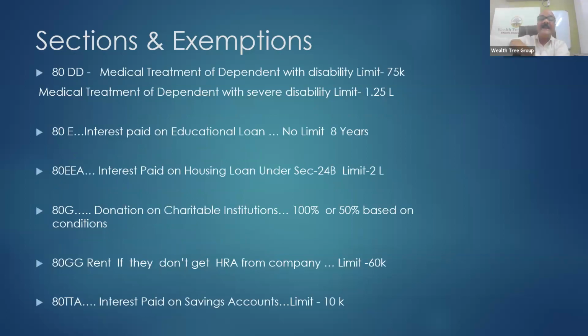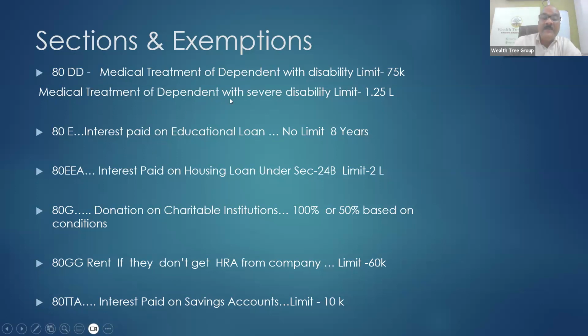And another one is 80DD. This is for medical treatment of dependents with disability. The limit is 75,000. That means if there is a disabled child or disabled person in your family, and you make some medical treatment for them, and you have incurred some expenditure up to 75,000, you can claim under this 80DD.